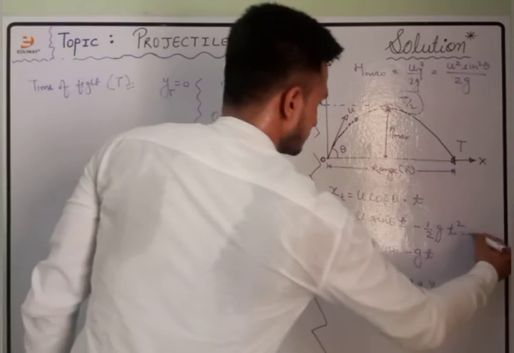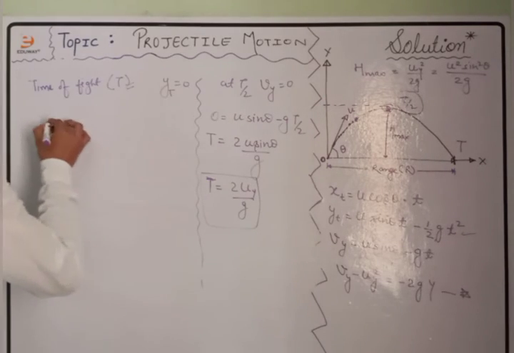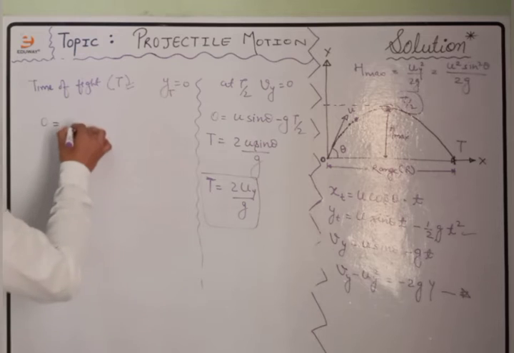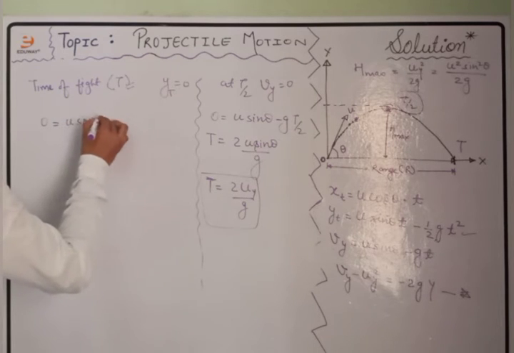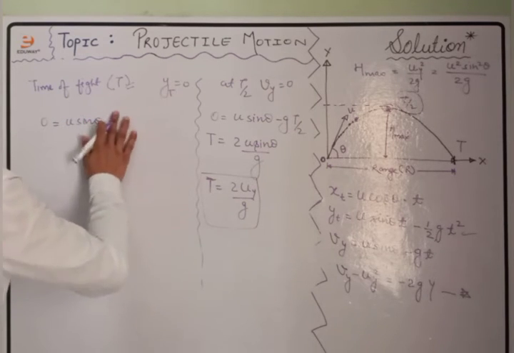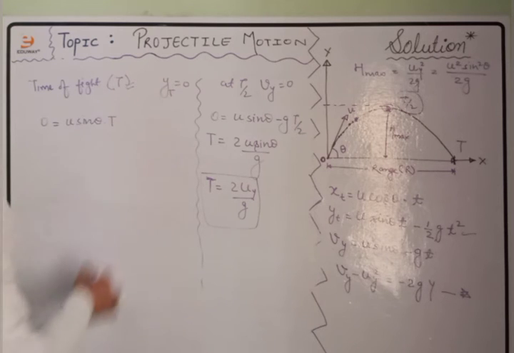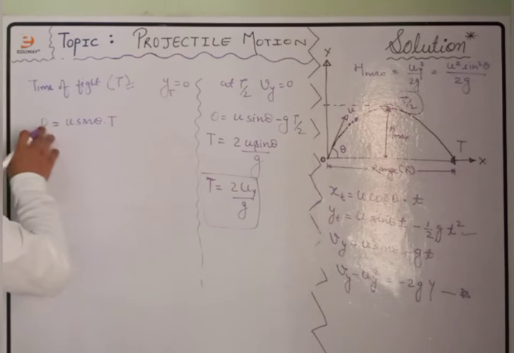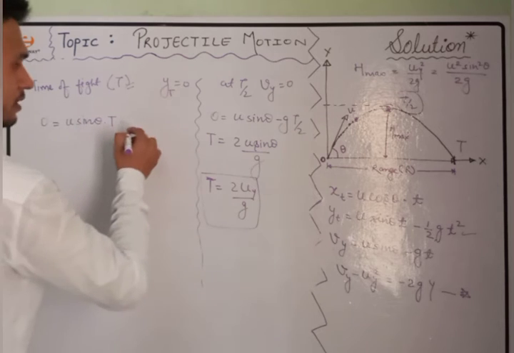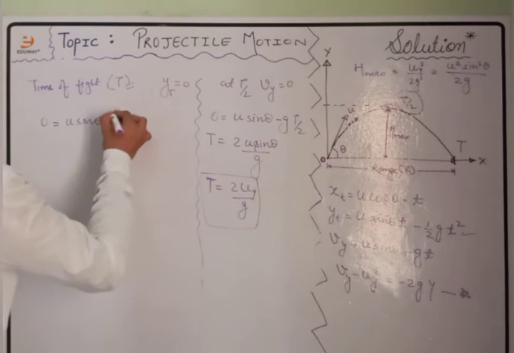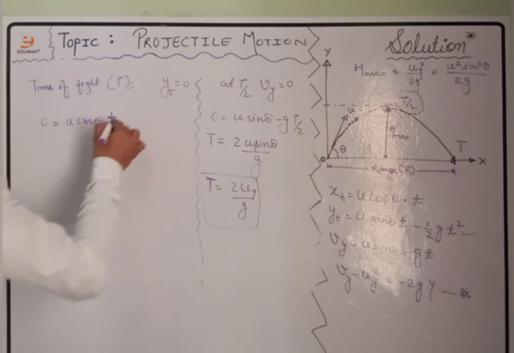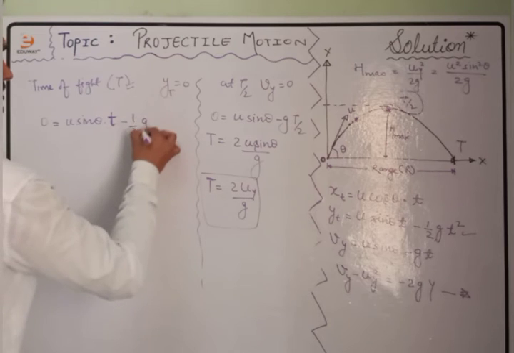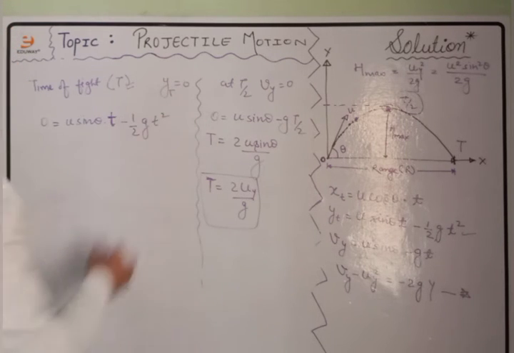So what will we use? We will use this formula, and using this formula I can write y(T) equals 0, equals u sine theta into T. What is T? T is now the time period, because the y component will be 0 at time T. Or simply you write t equals T, initially you write u sine theta into T minus half g T square.